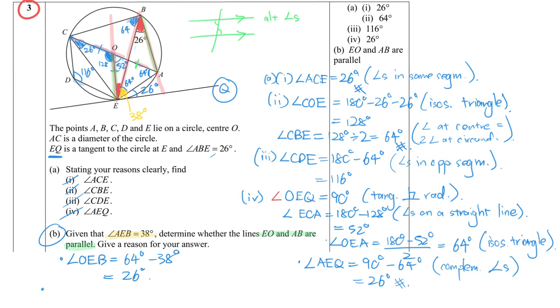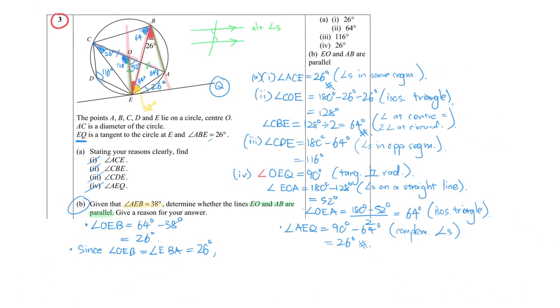Yes, so since angle OEB is the same as angle EBA, which is 26, therefore by alternate angles, lines EO and AB are parallel.